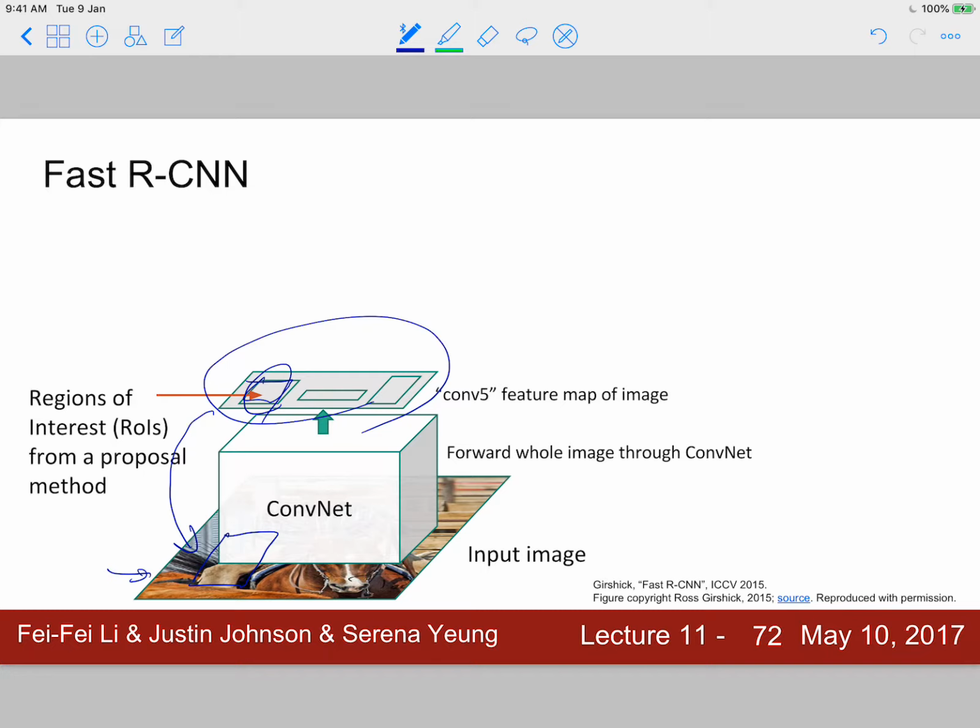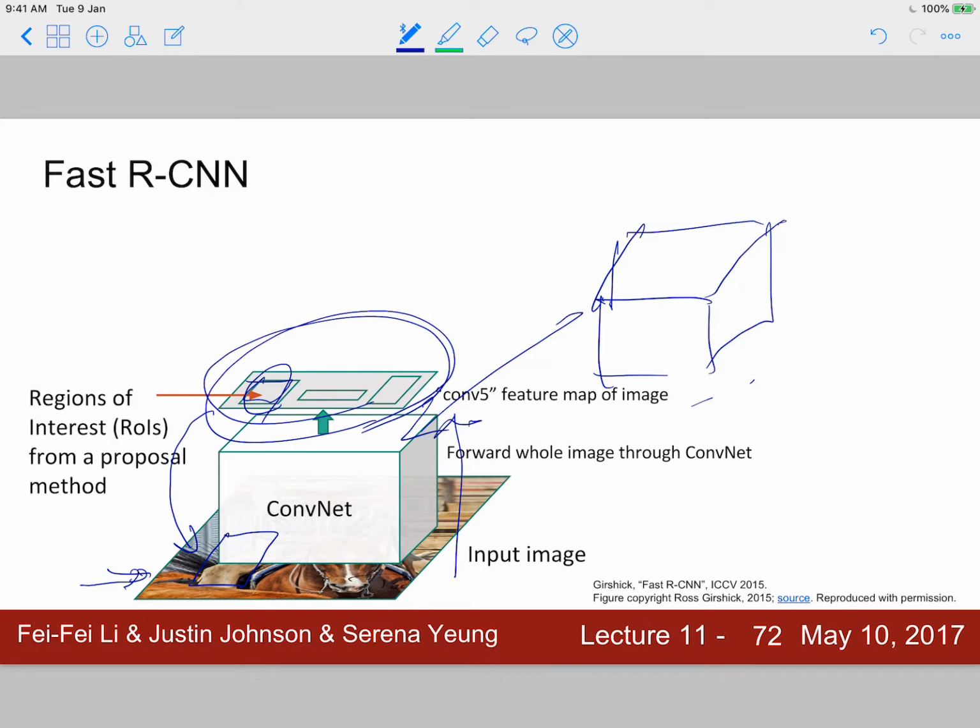In this case, given a single image, before applying the region proposal method, we just go through the convnet to obtain a feature map like this. The region proposal method is still applied to the original image, and once obtaining the region information, we crop that part from this activation map.